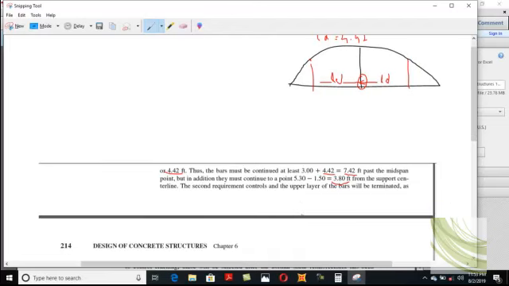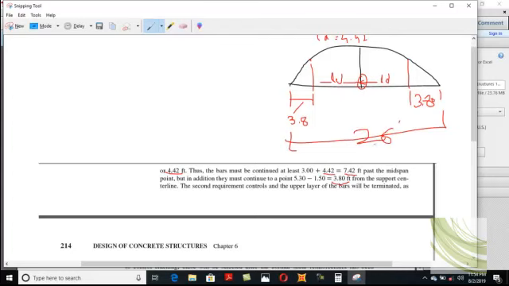Now, you know that the bar will be cut off at a distance of 3.80. These 8 number of bars will be cut off at this point, and similarly from this side 3.80. So the total distance is 26.